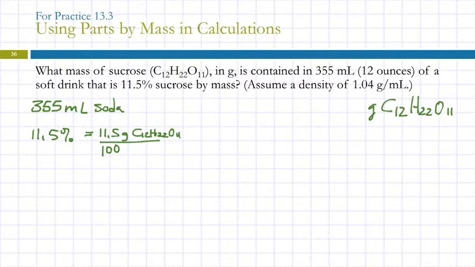Here we're calling the solution soda, per 100 grams of soda. And then we're also given a density, 1.04. I'm going to write this as a vertical fraction, grams per milliliter. That's the density of what? The soda, right? Grams of soda per milliliter of soda.